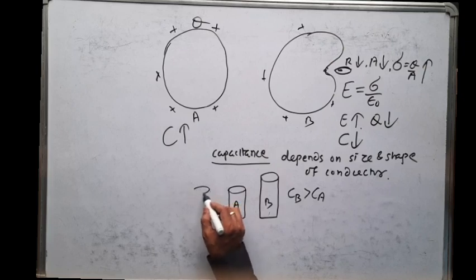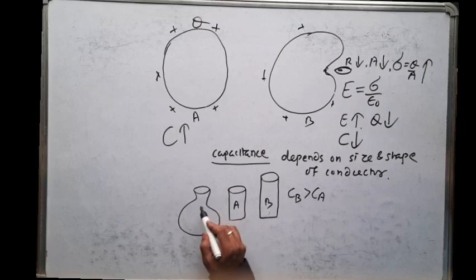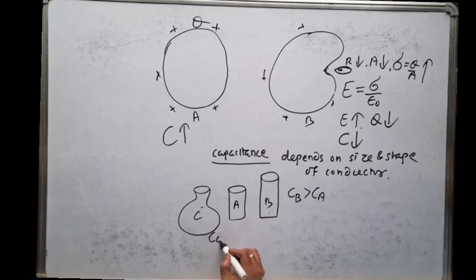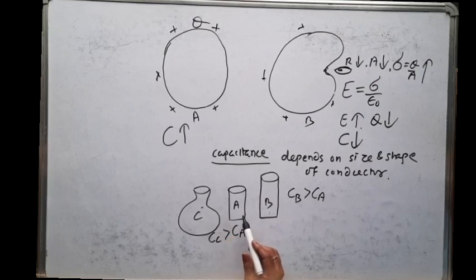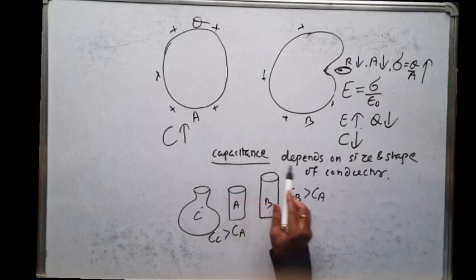And if I take a container of a different shape, let us say this is C, the capacity of C is greater than that of A. So the capacity of any container depends upon size as well as shape. Similarly, capacitance depends on the size and shape of the conductor.